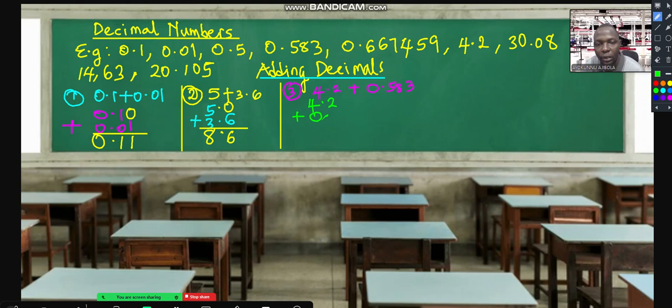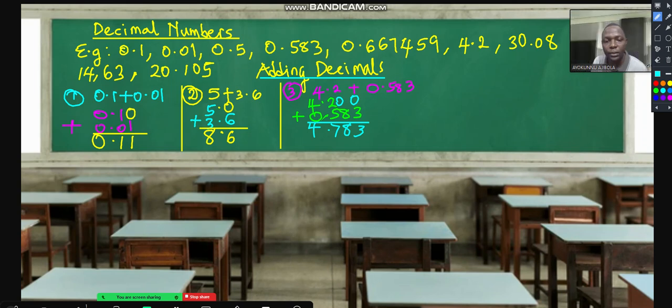Then since there is nothing beside this, we can put zeros. Then this is 3, this is 8, this is 7, and this is 4. So the answer is 4.783.